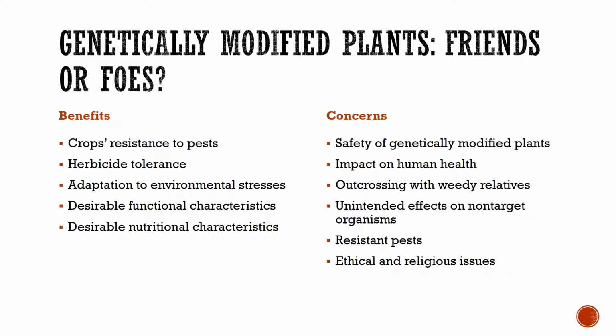So what are some benefits? Just some 3 big ones in my book. So crop resistance to pests. I have unfortunately seen a lot more pest damage than I've ever wanted to see in my life, so that's pretty important. Adaptation to environmental stresses like drought.